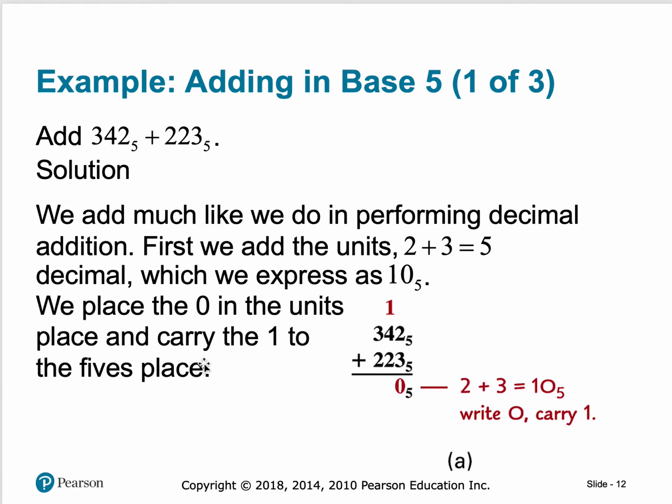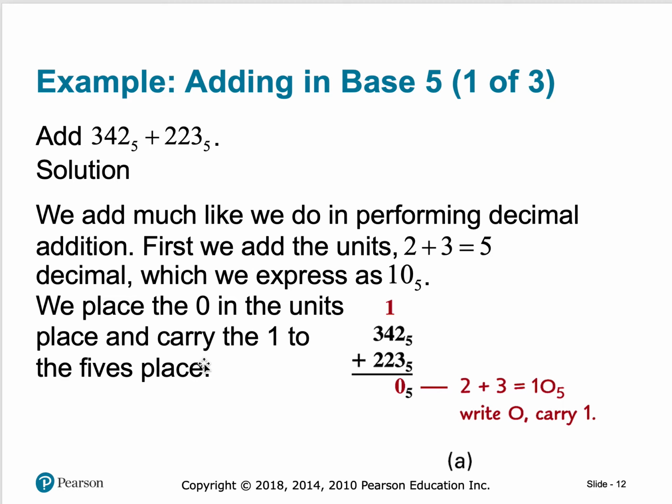Now, addition in base 5 is interesting. I can add together numbers, but when I get something that is 5 or larger, I have to adjust things. So 2 plus 3 is 5, which means I have to put a 0 and carry the 1.